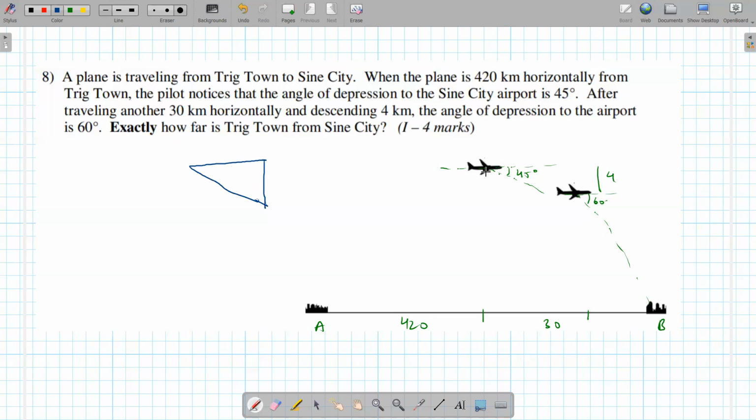From this position to this position, the distance traveled is 4 kilometers down, and the distance traveled horizontally is 30 kilometers. And this is 45. Actually, does that work? We have opposite and adjacent, right? No, that does not work, because tan 45 is an isosceles triangle, so they both should have been 4 and 4.